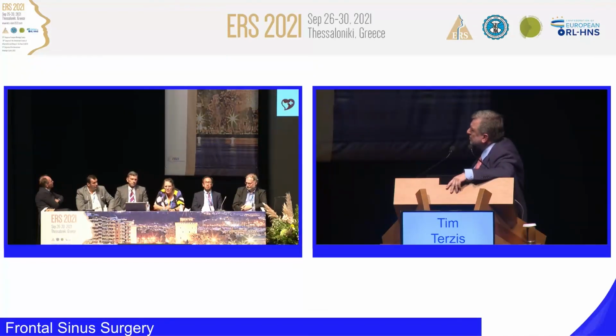Well, I agree with Jannis, but especially the 8B case, I would also do new pathology, because it is such a difference in the healing on both sides. It wouldn't be the first time that you find an inverted papilloma in a patient who had normal polyps in the beginning.